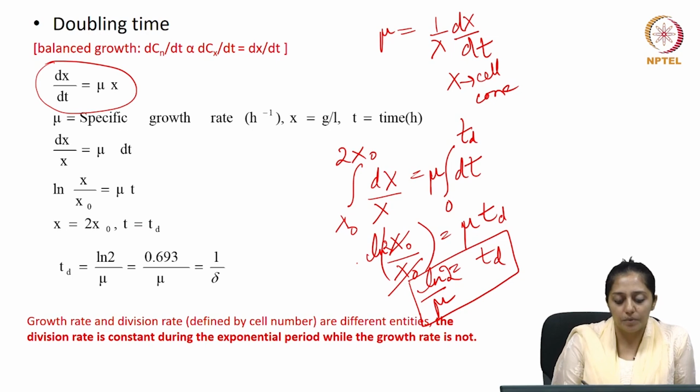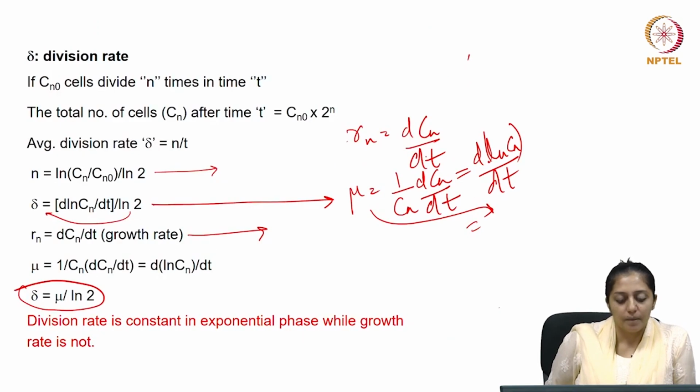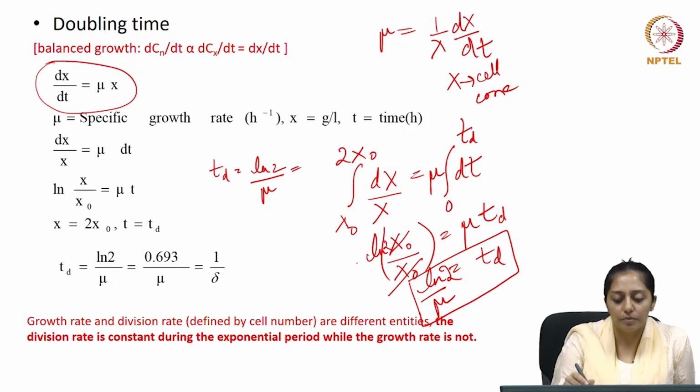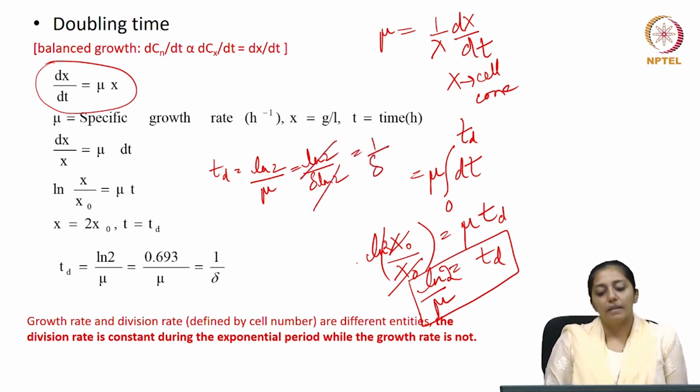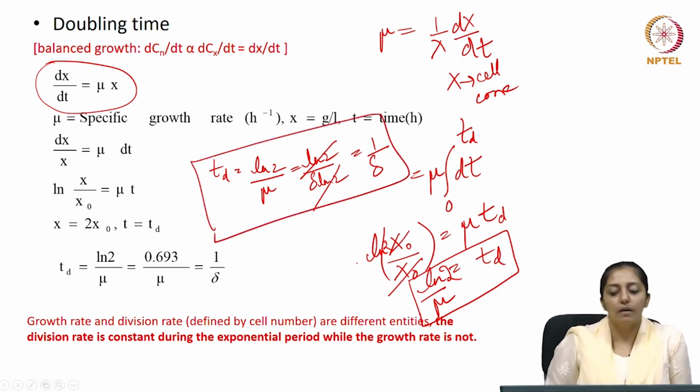So, if we substitute, doubling time was ln 2 by mu and division rate was mu by ln 2, so one can make out that doubling time is the inverse of the division rate.